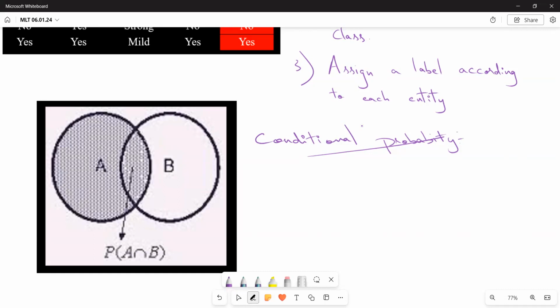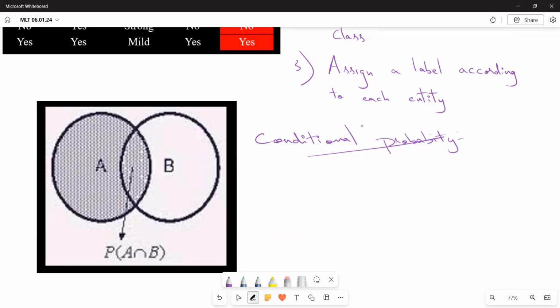Probability of A, where the point is inside A, if we know that B happens.